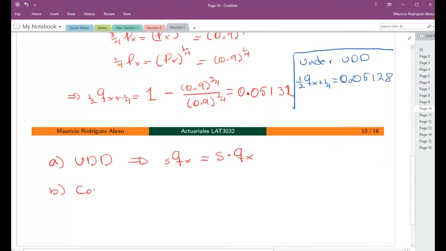And constant force of mortality means this equals this. So one is with the probability of death, the other one is the probability of surviving, okay? But again, the two approaches are acceptable.